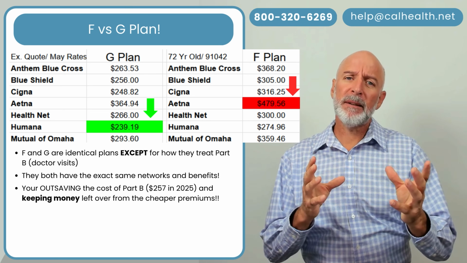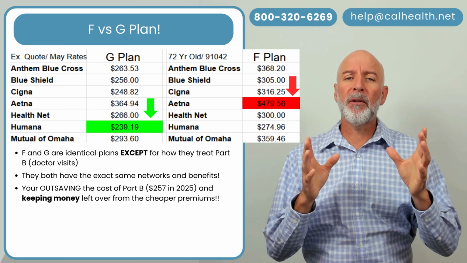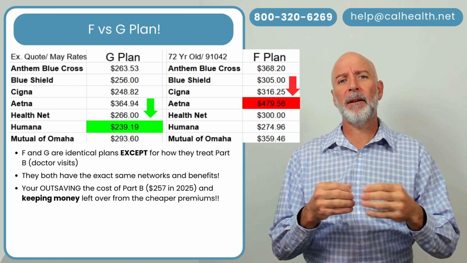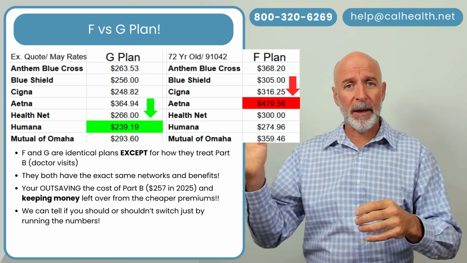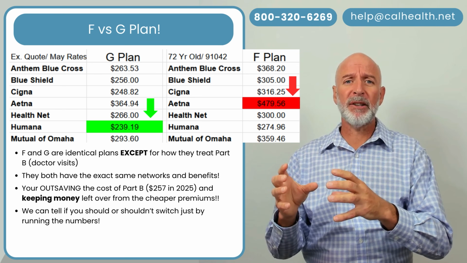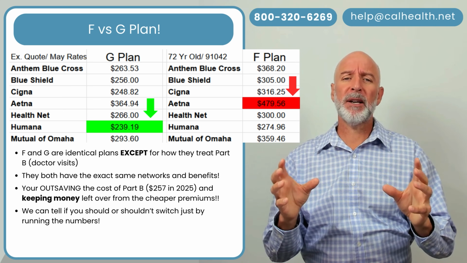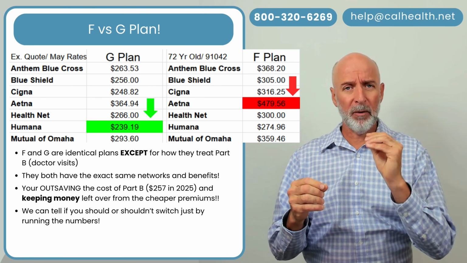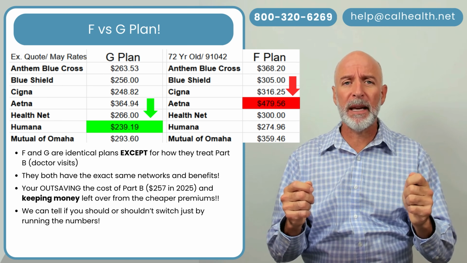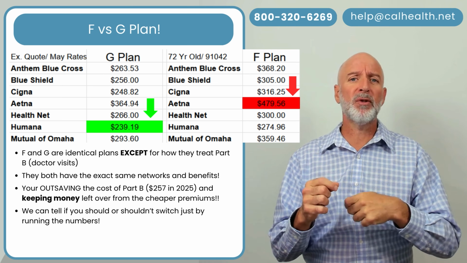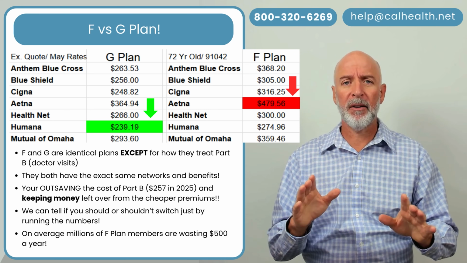So now there are some people who are on really old F plans where the pricing's okay, but for most people, 80-90%, when we run numbers for them, they're paying about $750 more, and it goes up as you get older versus that G plan. So we really want to check all the numbers on that to make sure you're not overpaying, because the only difference is that $257. If you're paying $750 more per year, that's about $500 you're just giving to the carrier. And there are millions of people doing this every year.